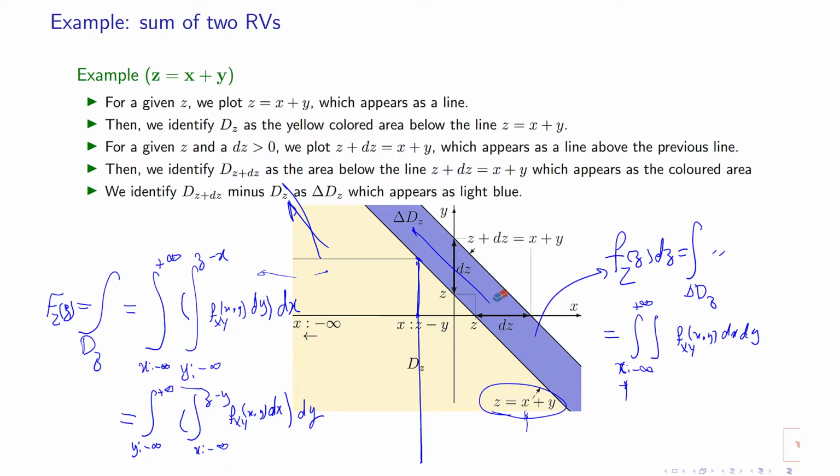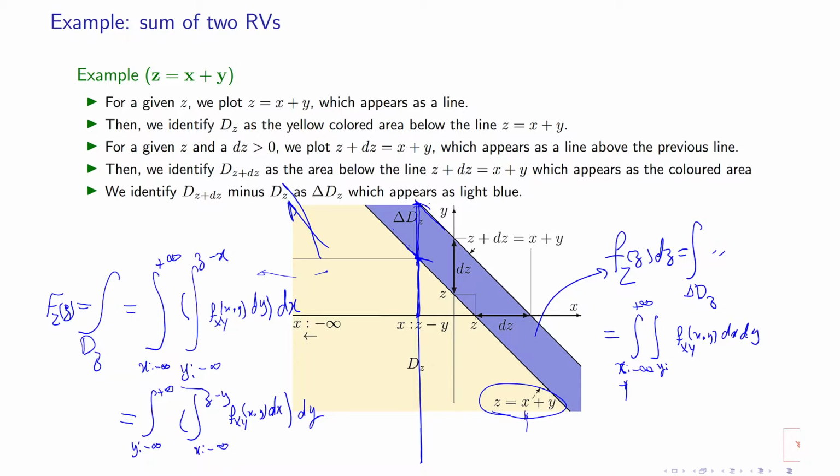But for a given value of x, let's say your x is here, your range of values will be from this point to this point, because you are bound to be between these two lines. So your range of values for y starts from the lower line to the upper line.